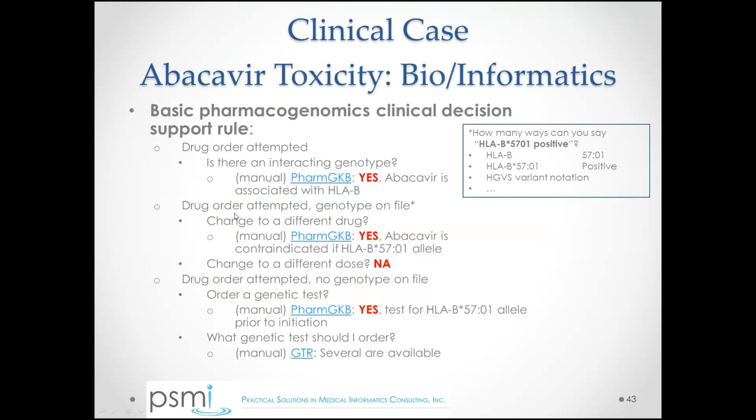So if there's a genotype on file, should you change to a different drug? And again, per the FDA, yes, abacavir is contraindicated. And if a drug order is attempted and there's no genotype on file, in this particular case, do you need to order a genetic test? Yes, it would be ordered. And then the question is, what genetic test should I order?